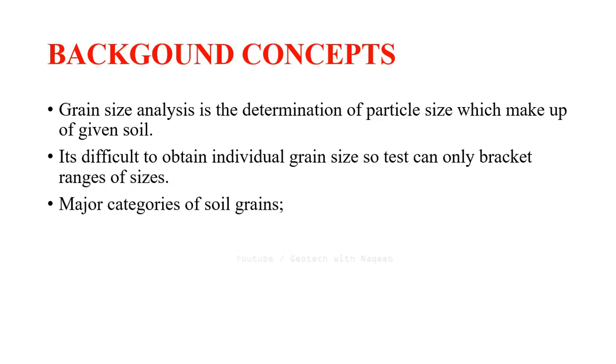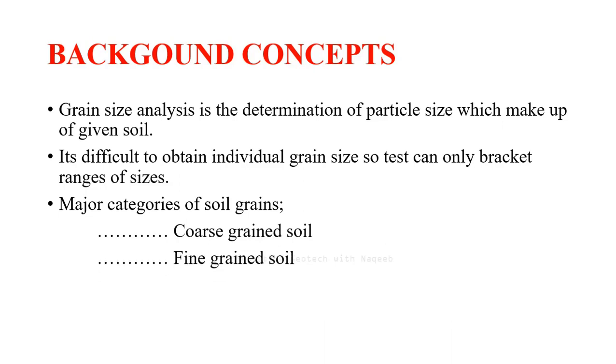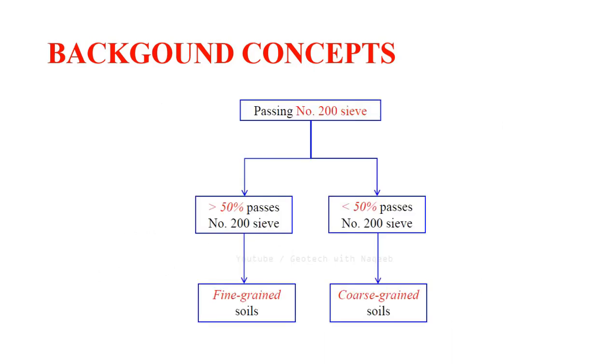There are some major categories of soil grains. The first one is coarse grained soil and the second one is fine grained soil.